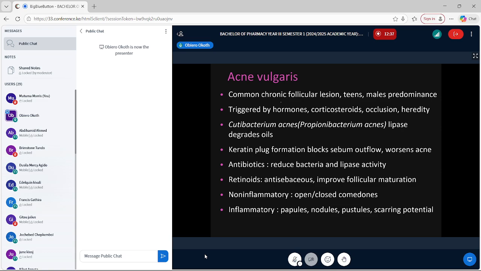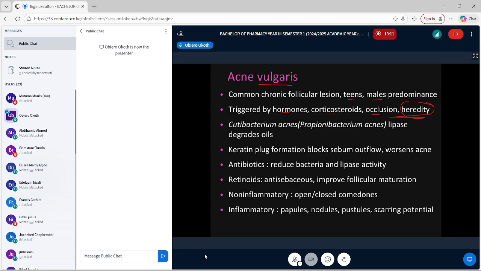Acne vulgaris, very common. Anytime you see us using the term vulgaris, we are referring to the common form of the disease. So there are other forms of acne, but vulgaris is just the common acne. It's a common chronic follicular lesion in teens, typically males. We think this could be from occlusion of the follicles, and there's also a bit of heredity involved. It could be familial.